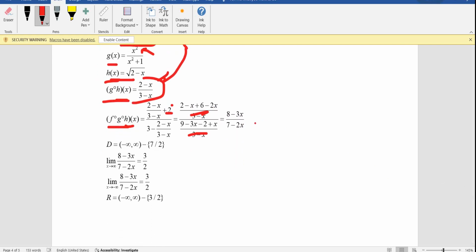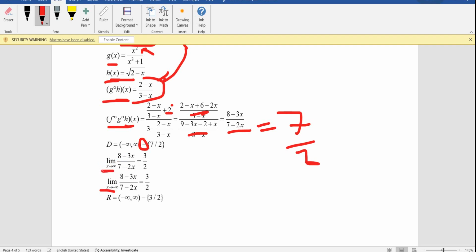You know, for every rational function, as I said in the last lecture, the domain is going to be all real numbers without the zeros of the denominator. The zero of the denominator is 7 divided by 2. If I want to find the range, I need to find the limit as x approaches infinity and the limit as x approaches minus infinity.